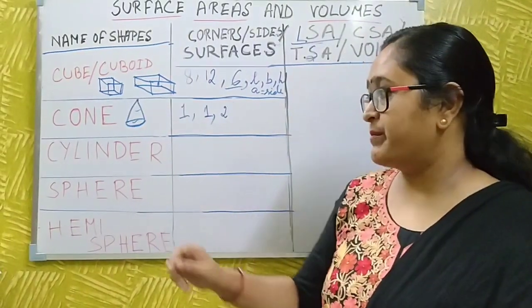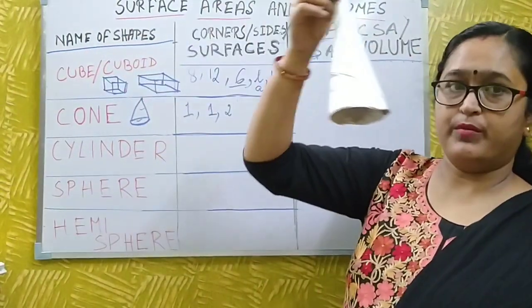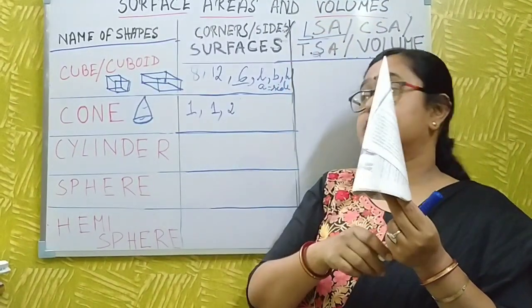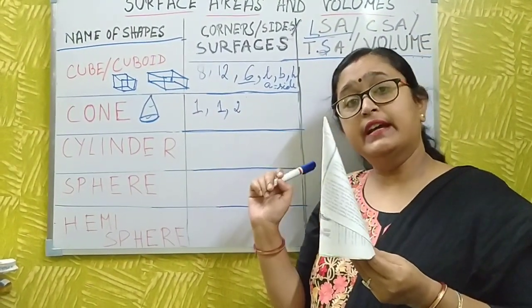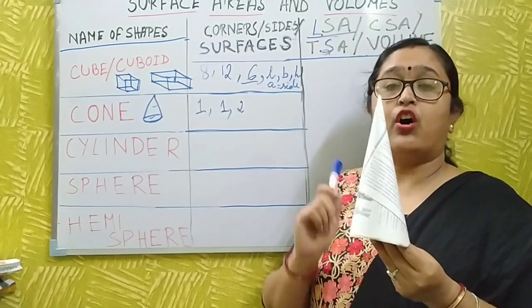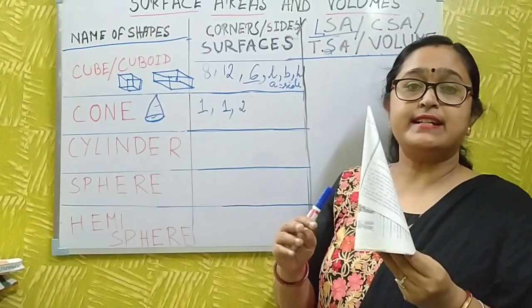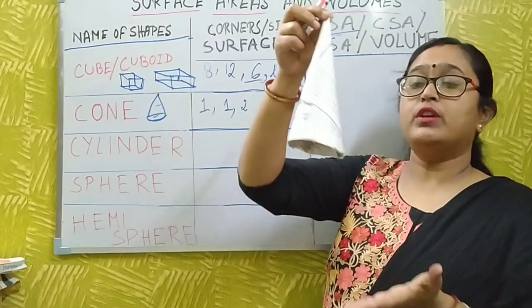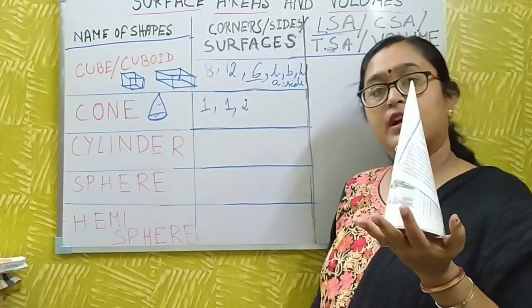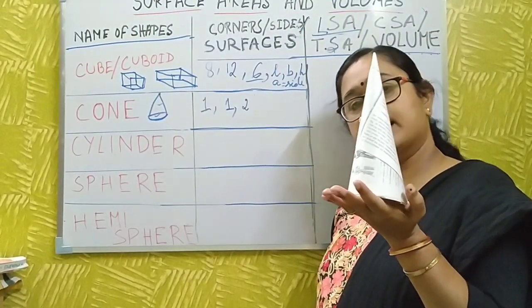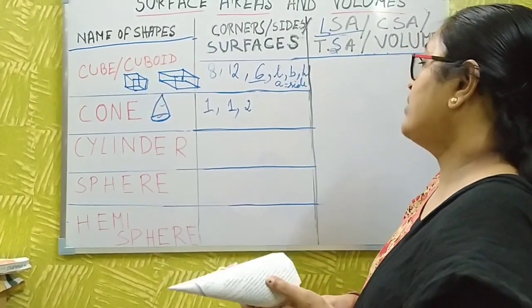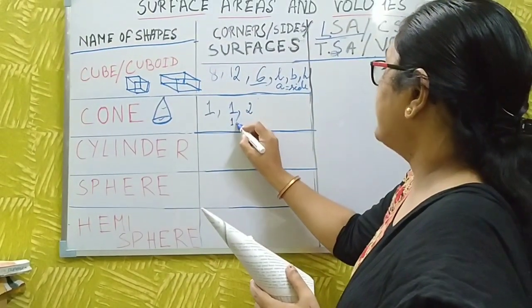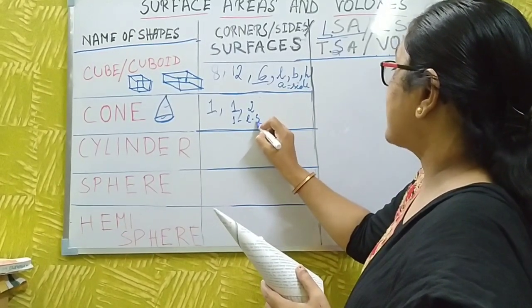Now I give an example of a cone. Now I discuss how many curved surfaces and how many lateral surfaces this cone has. Lateral surface means the cone is where you can hold. The cone has one lateral surface.